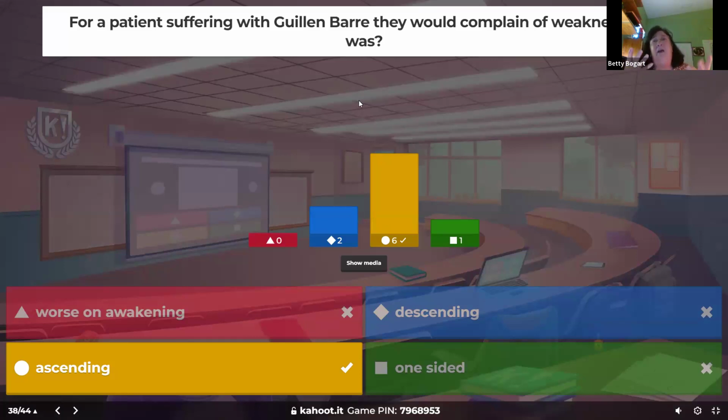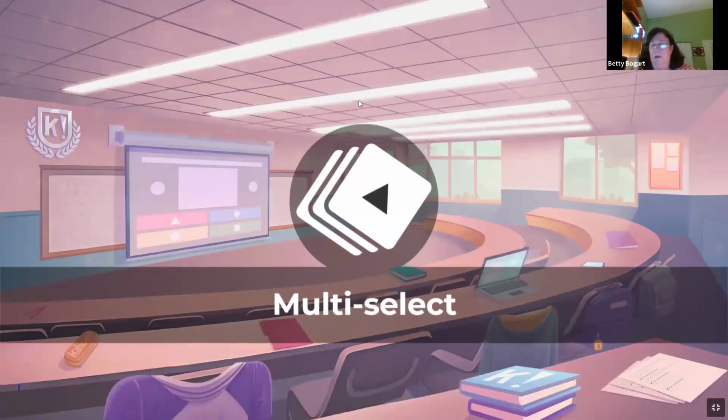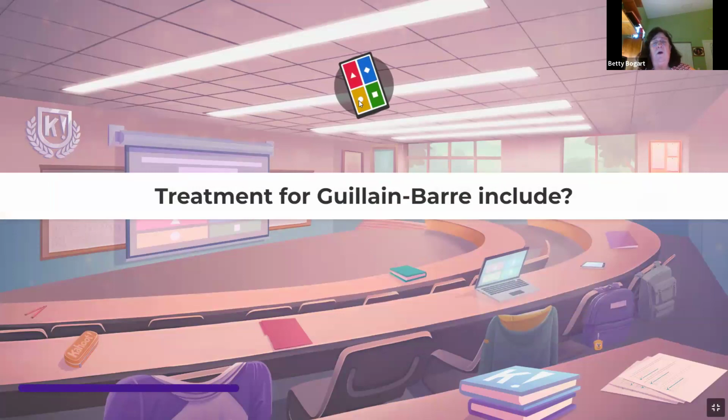And then all of a sudden, it starts working, and you start breathing again, and it descends and goes down. So those are the different terms there. A multi-select. What is the treatment for Guillain-Barré?